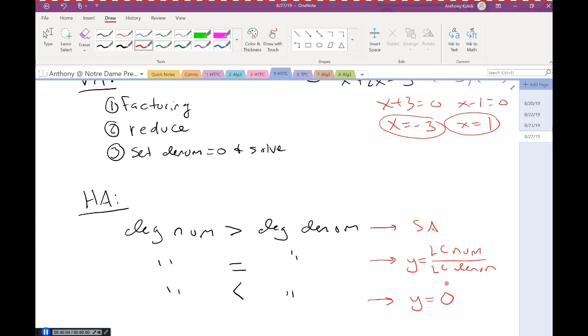LC is leading coefficient, is what I've abbreviated there. But good guess with least common would be another appropriate LC that we've used that phrase certainly a bunch of times. But we're looking for leading coefficient there for LC.